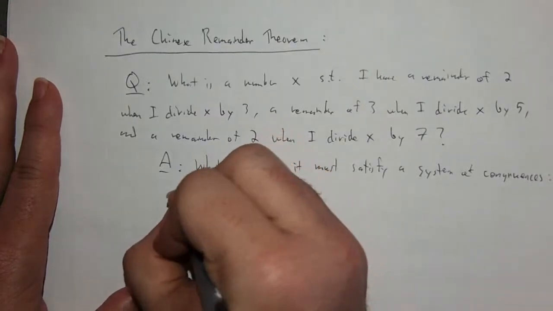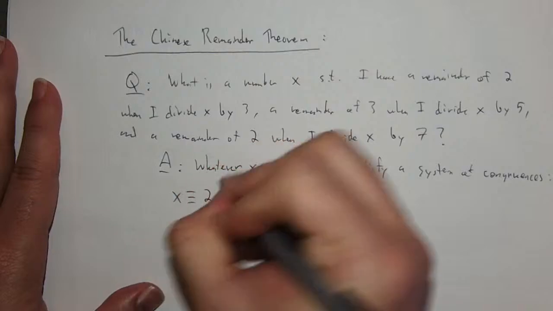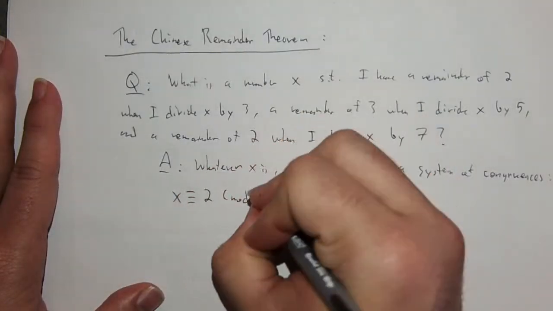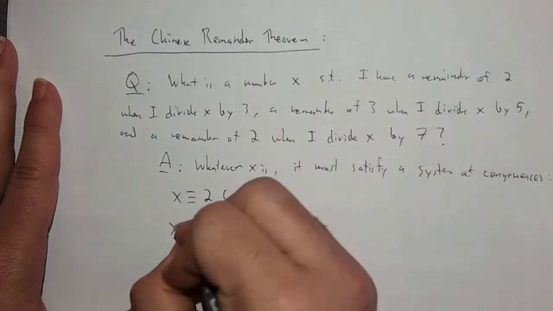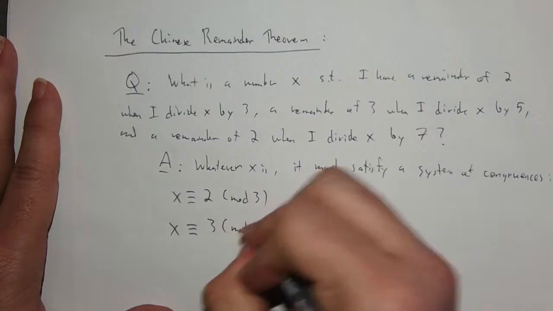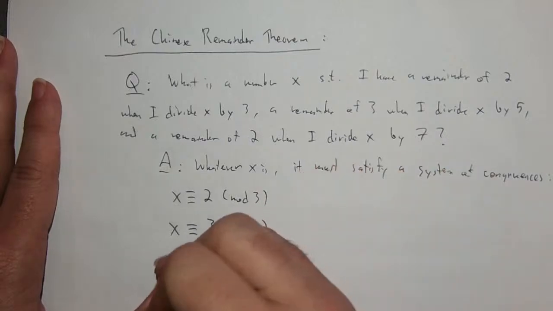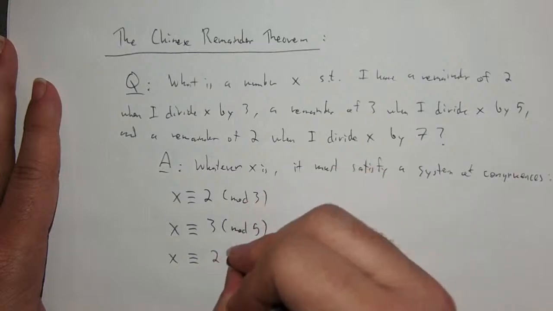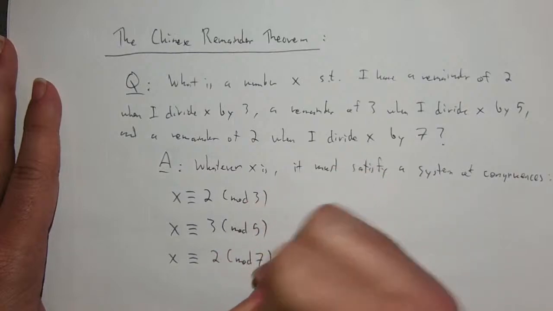So that system of congruences is x is congruent to 2 mod 3, and x is congruent to 3 mod 5, and x is congruent to 2 mod 7.